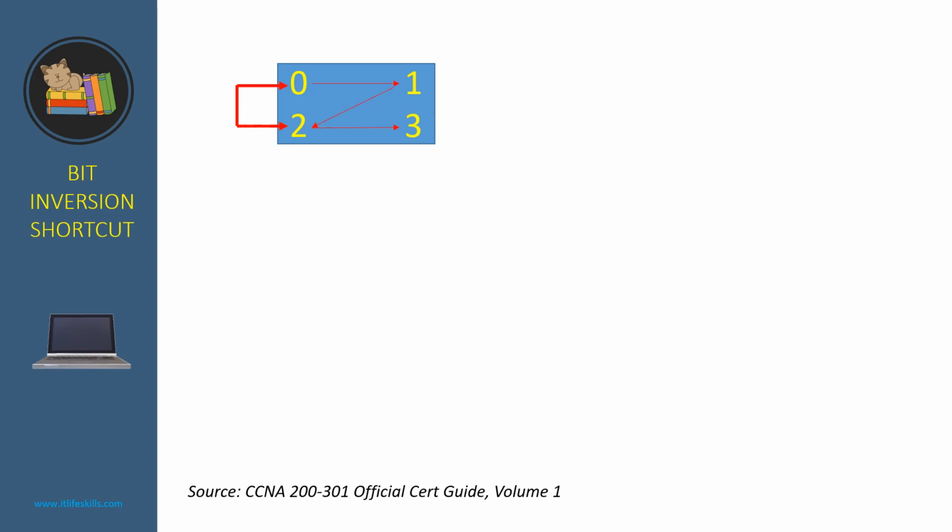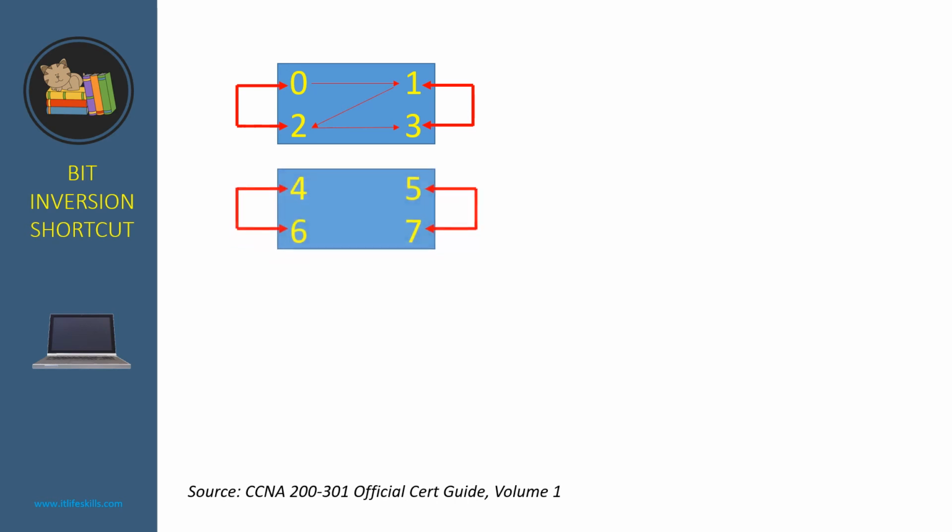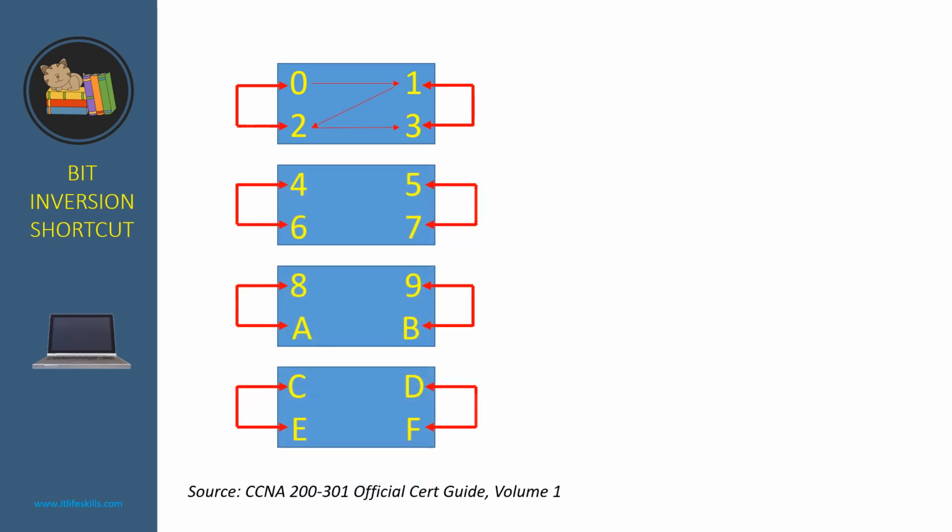Similarly, it gives us the rules to invert from 1 to 3 and 3 back to 1. Since the inversion is for hexadecimal, we need 3 more boxes like this, so we can invert any numbers in hexadecimal. As you can see, we can easily memorize these boxes to perform the inversion much quicker.